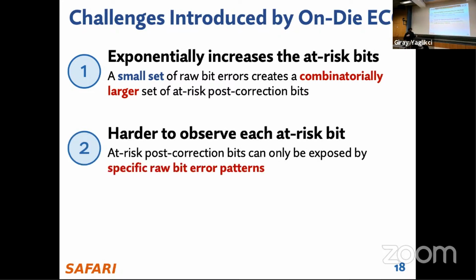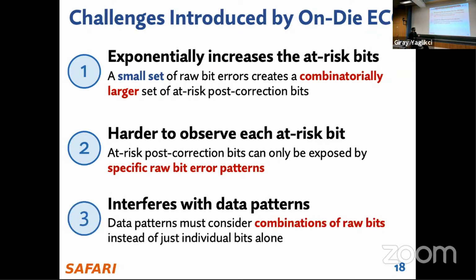Second, it becomes harder to observe each of the individual at-risk bits because every particular indirect error depends on a raw bit error pattern, and only when that raw bit error pattern occurs do you actually observe the indirect error. And third, on-die ECC interferes with data patterns that we use for testing, because now these data patterns need to consider combinations of errors at the entire word level when previously they did not. I'm going to talk about each of these 3 in a little more detail.